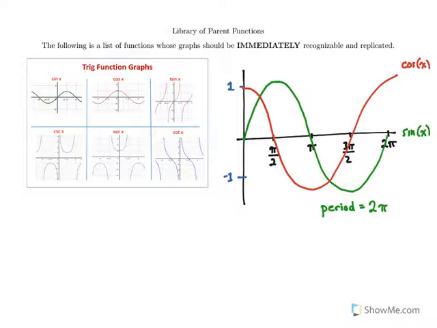When we think about tangent instead, that's a different sort of one right there. Tangent has a period of pi, and one period is from -pi/2 to pi/2.